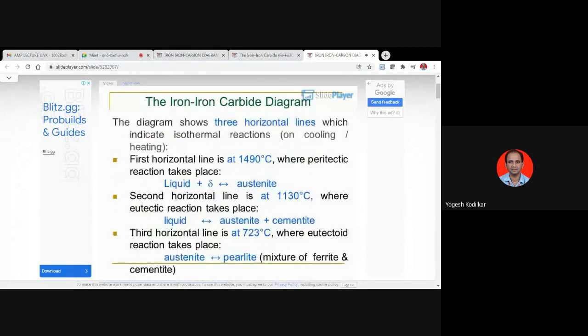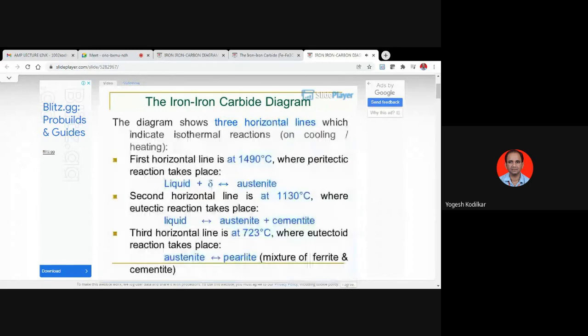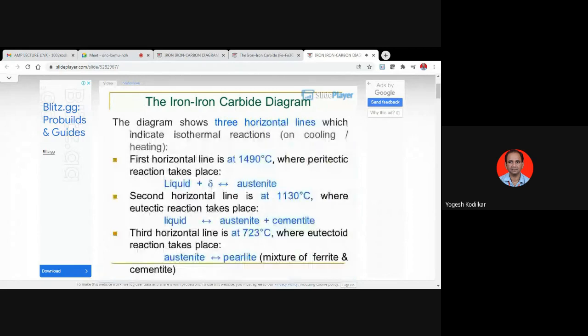The iron carbide diagram shows three horizontal lines, which indicate isothermal reactions on cooling and heating. The first horizontal line is at 1490 degrees Celsius, where the peritectic reaction takes place: liquid plus delta ferrite goes to austenite. The second is at 1130 degrees Celsius, where the eutectic reaction takes place: liquid goes to austenite plus cementite.